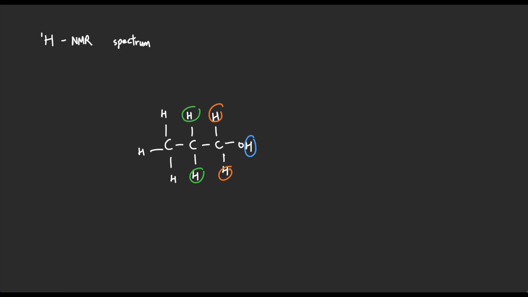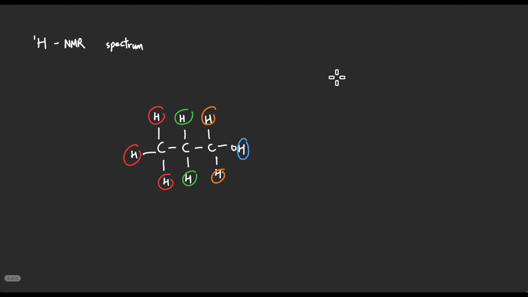And the last type is these three, which are bonded to a carbon adjacent to another carbon which is bonded to two hydrogens. These four types of hydrogen will experience different environments and different electron density, giving us different types of signal in the NMR spectrum.